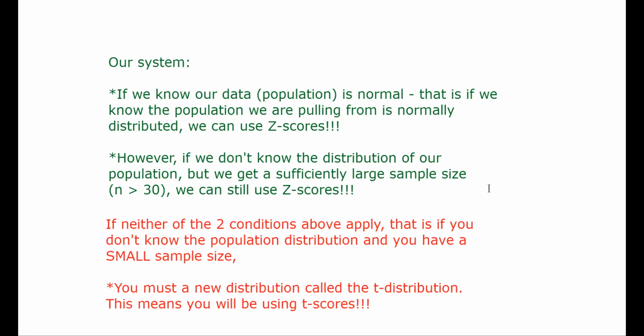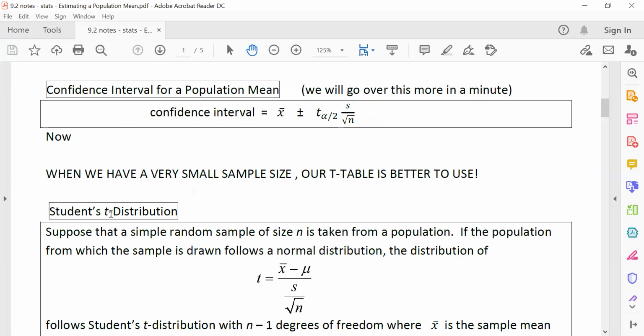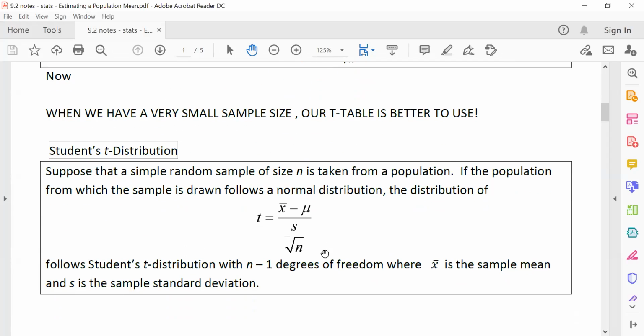It's also called, as you see here, the student's t-distribution. Now, we're not actually going to use this formula here. This is just an interesting little thing that basically defines the t-distribution. We are going to use something called degrees of freedom.